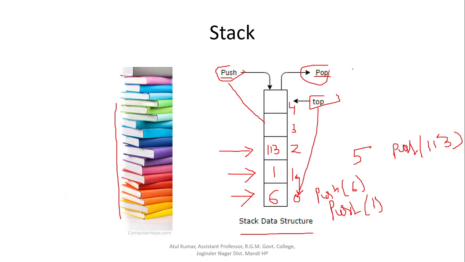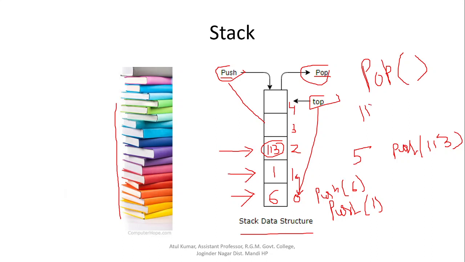Now suppose we want to remove an item. We know stack follows LIFO, that is last in first out. So the pop operation will delete or remove the last item that was inserted in the stack, and the last item inserted is 113.